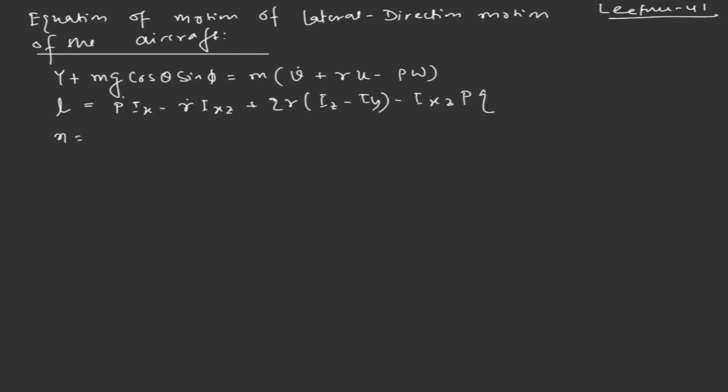So moment along z-axis, we can write minus p dot Ixz plus r dot Iz plus pq into Iy minus Ix, Ixz qr. This is the equation of motion.